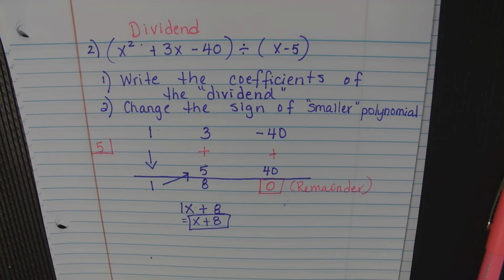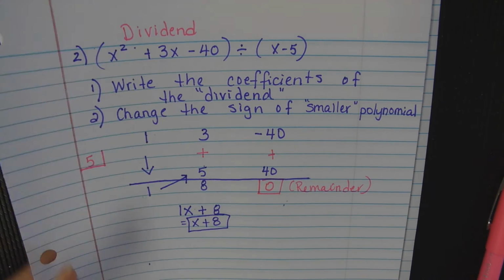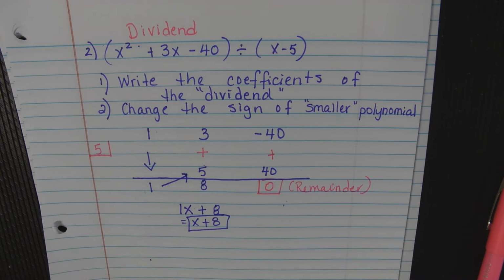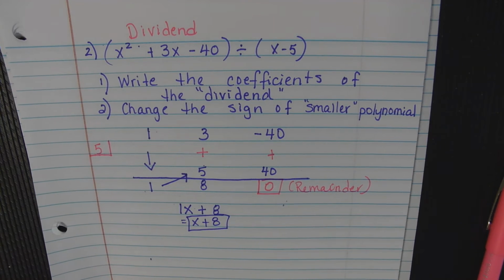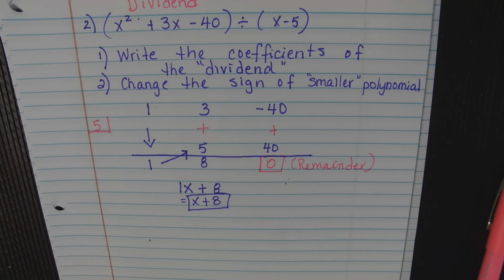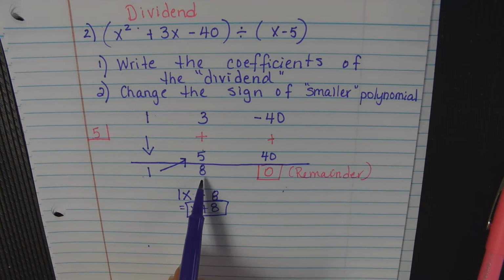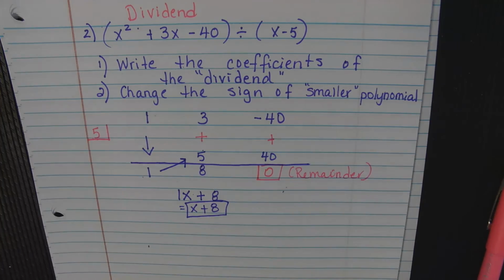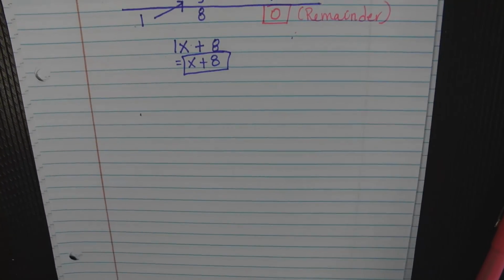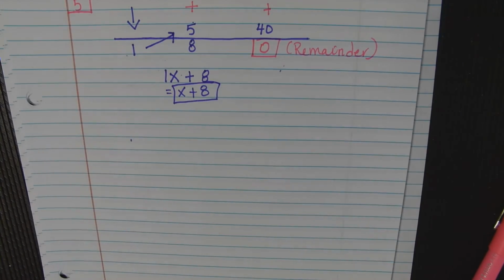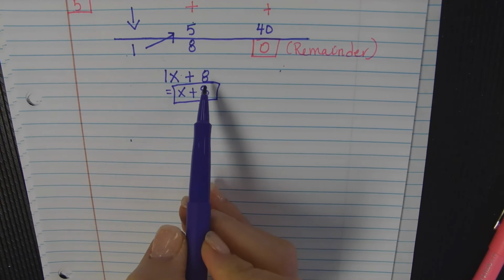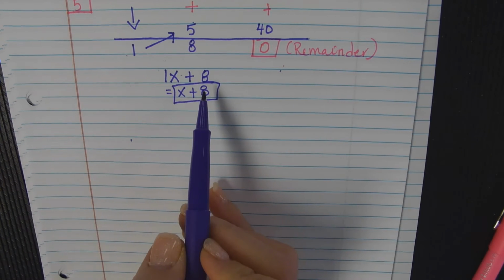All right, let's do another one. Let's get one with the remainder. Why isn't it x squared plus 8? You start here.